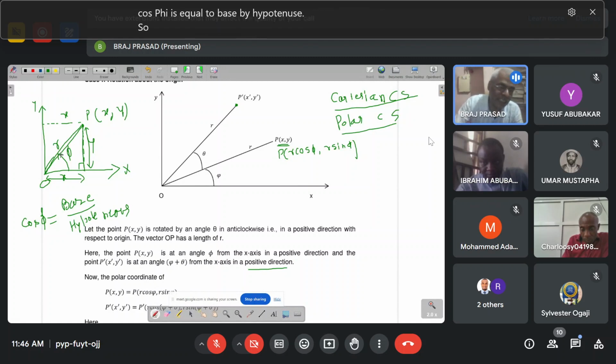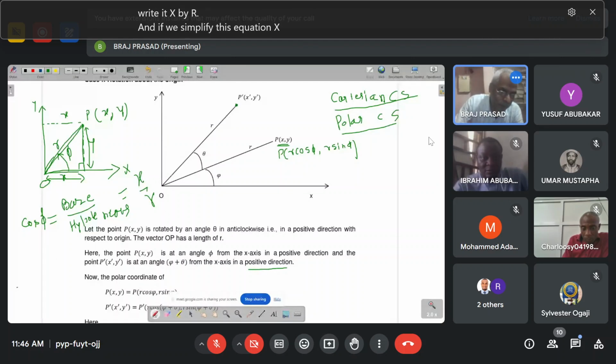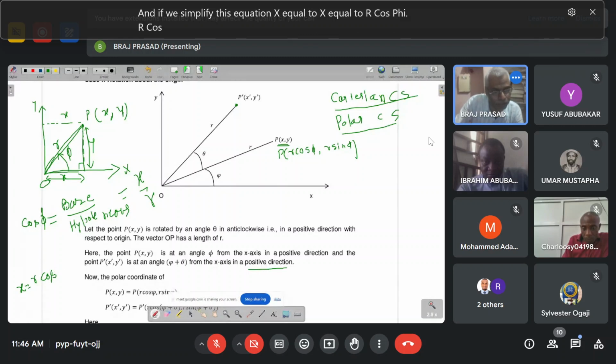In this triangle, the base is x and the hypotenuse is r, so we can write it as x by r. If we simplify this equation, x equals r cos phi.